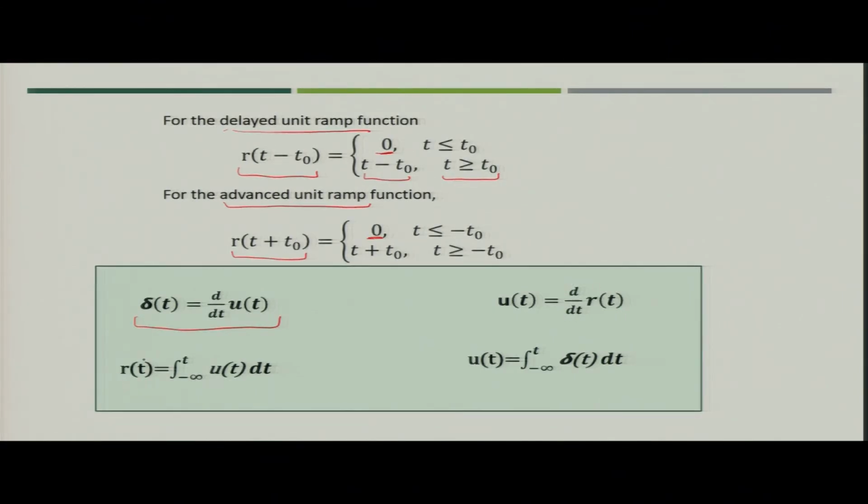Similarly, the unit ramp is the integration of the unit step function, and the unit step function is the integration of the unit impulse function. So, these three functions are either the derivative or integration of one another.